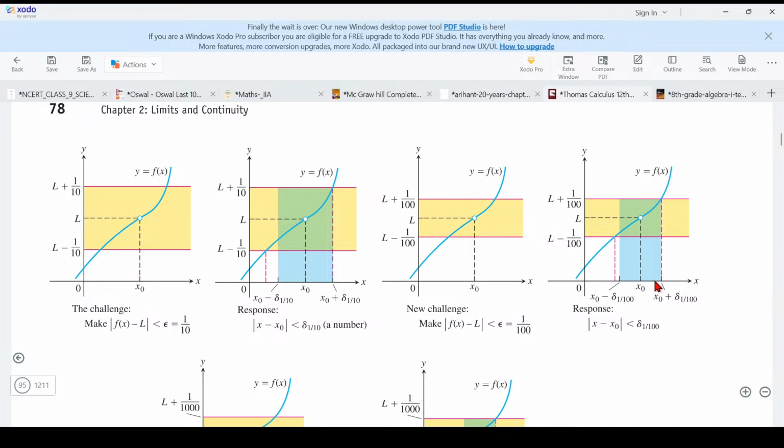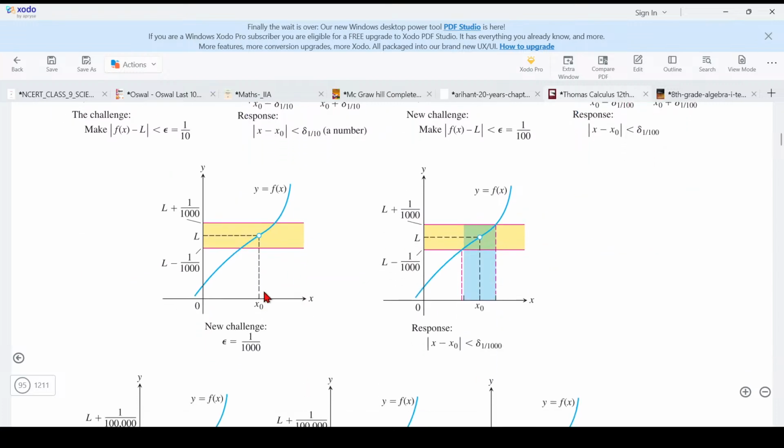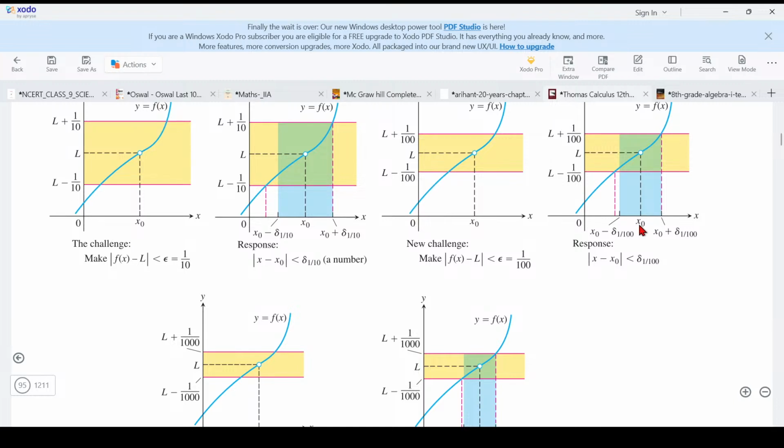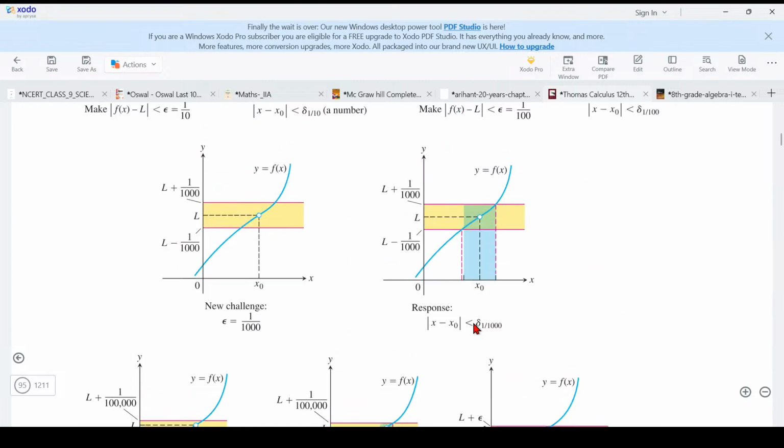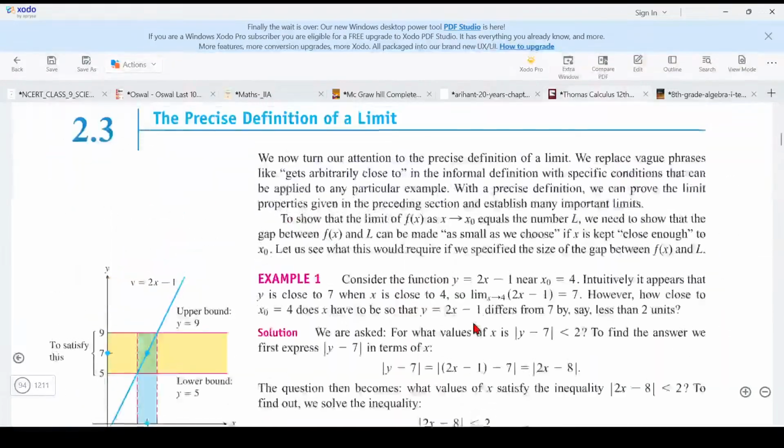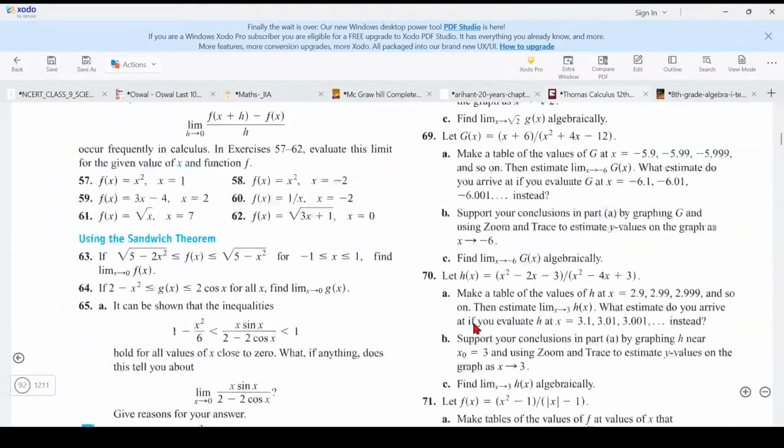Then also you'll be able to say, you take x's in this range, then you will be able to get y's in this range. x is in this range around x naught. So whatever range around L I want y's in, you will say, take x's in this range around x naught.